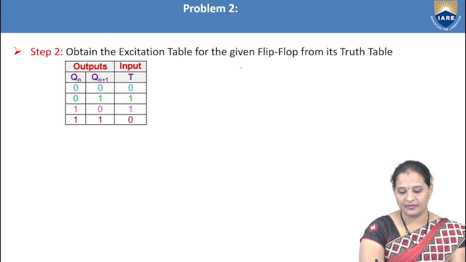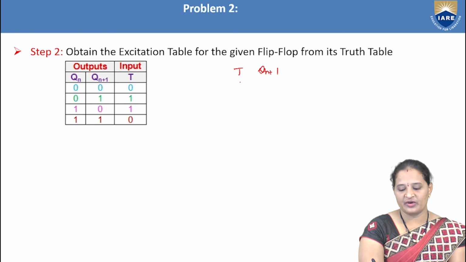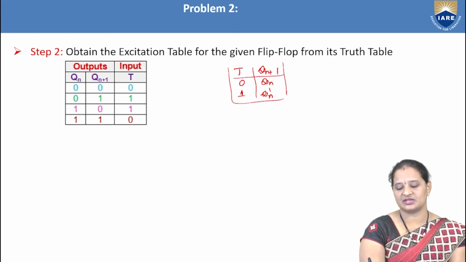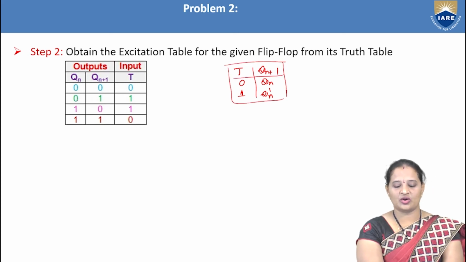Because we have the truth table of the T flip-flop: when T is 0, the next state is equal to the present state; when T is 1, the next state is equal to the complement of the present state, right? So as these two are complements of each other, T must be 1 here.